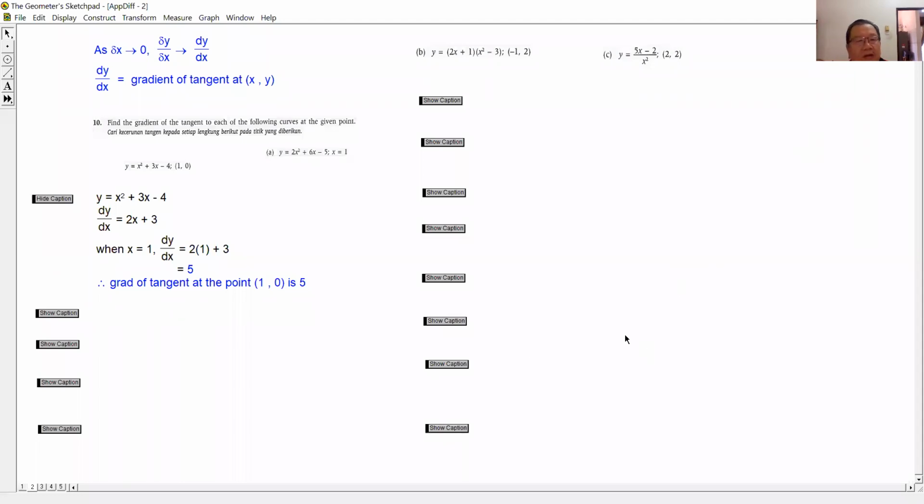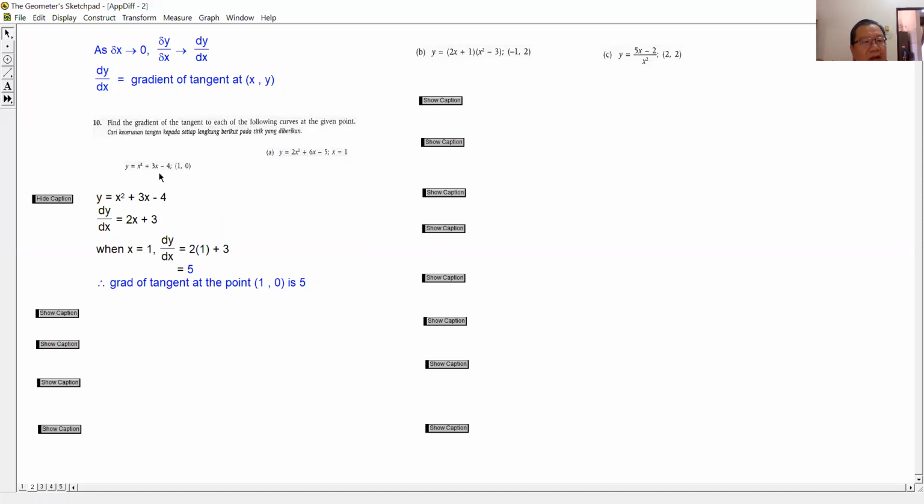Okay, right. So now, where are we? We are supposed to find the gradient of the tangent to this curve, x squared plus 3x minus 4, at the point x = 1, y = 0. So that is our question.